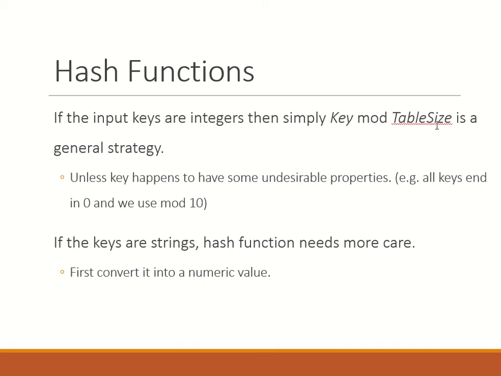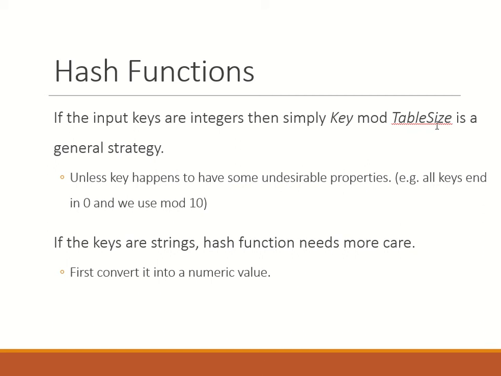Then key modulus 10 can be a perfect hash function. Key modulus 10 or key modulus 1000 can also be a perfect hash function. It will result in some indices, and you just go to that index and keep the data there. That is also possible.